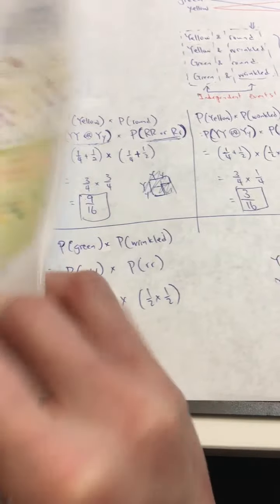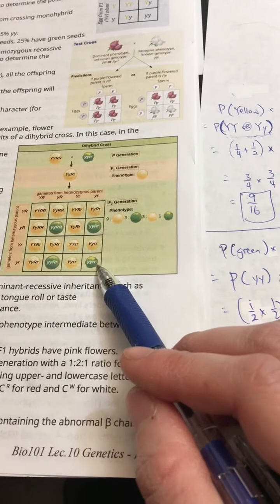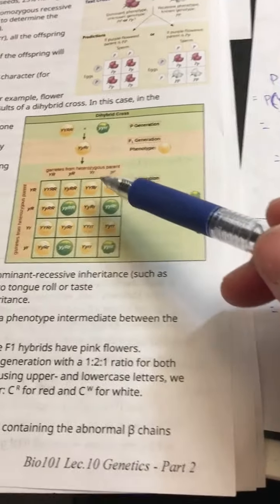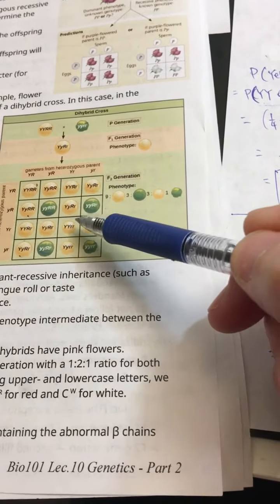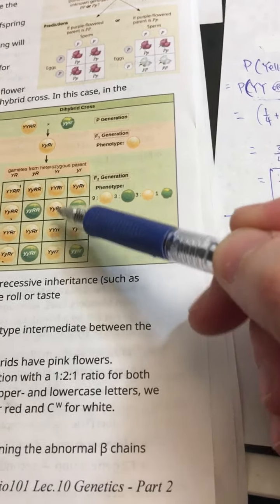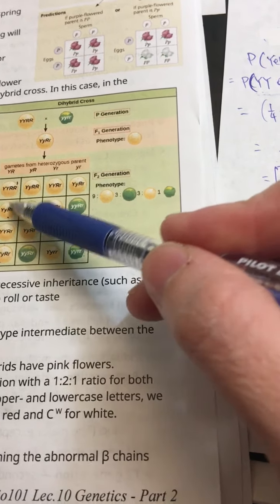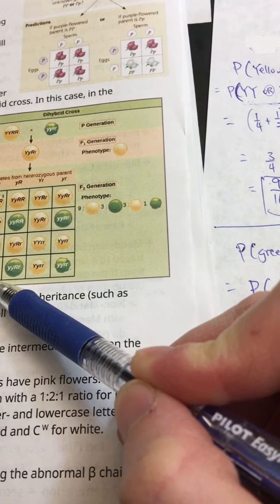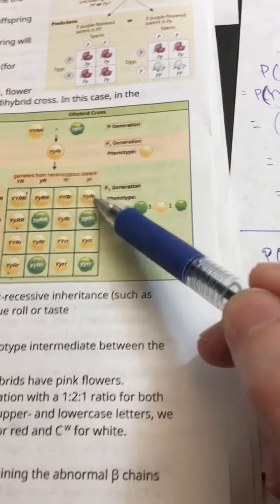You look at this Punnett square table. 9/16 corresponds to this one, this one, this one, and so on. So 1, 2, 3, 4, 5, 6, 7, 8. Wait a minute. 1, 2, 3, 4, 5, 6, 7, 8, 9. Okay.